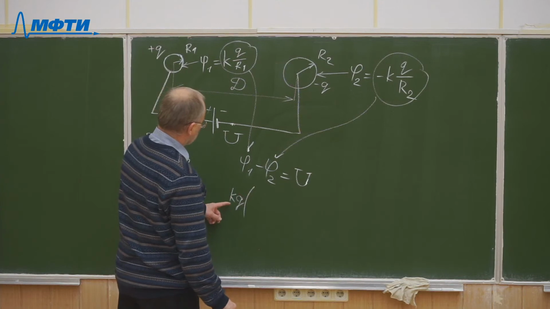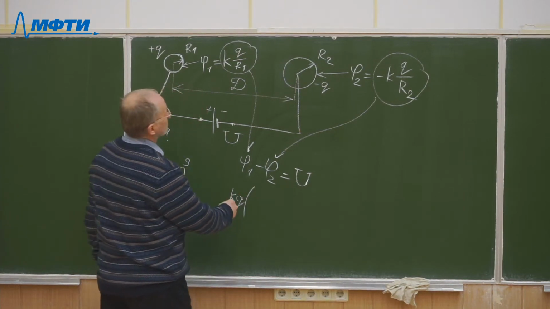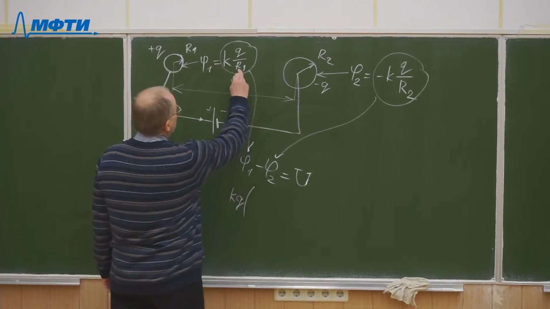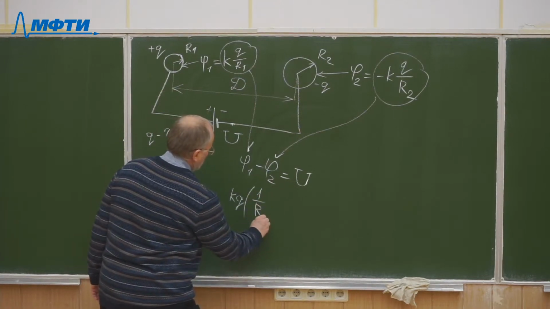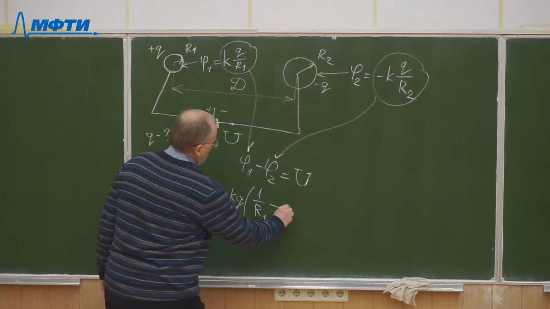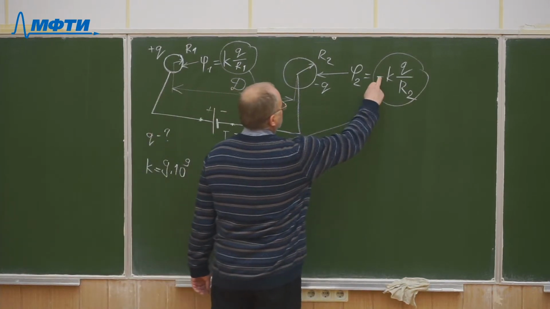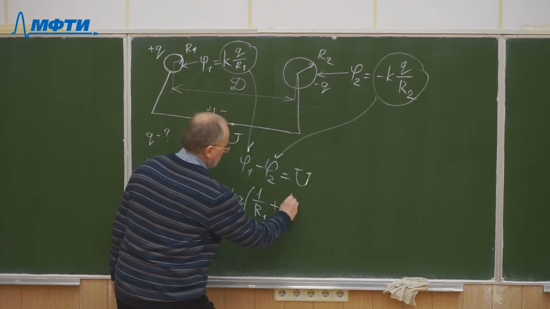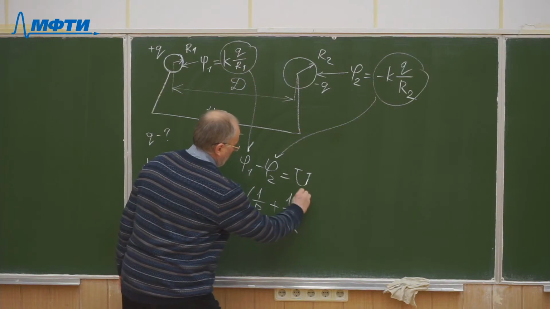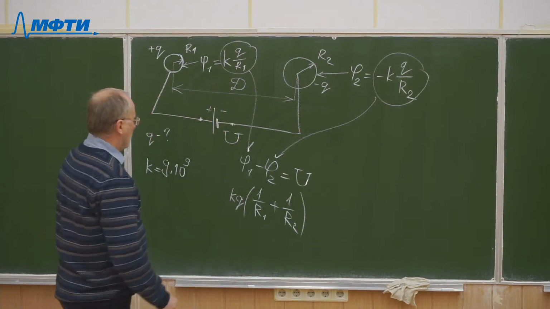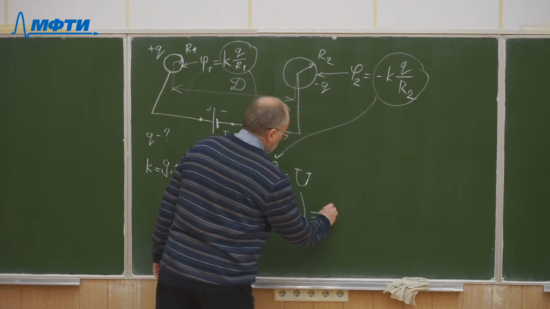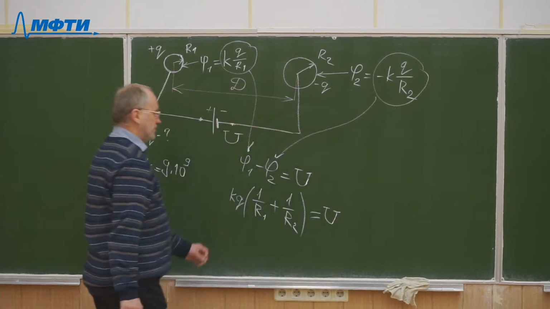So we take K and Q out of the round brackets, and what will be here? 1 over R1 minus, and another minus will give us plus, 1 over R2, and that must be equal to the external battery voltage.